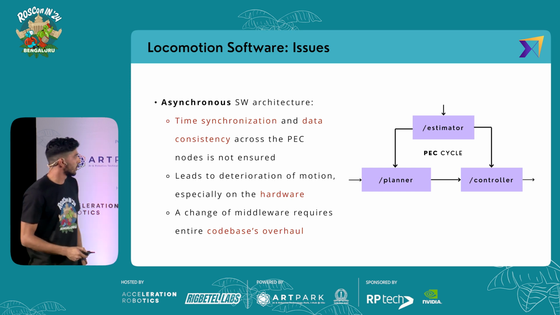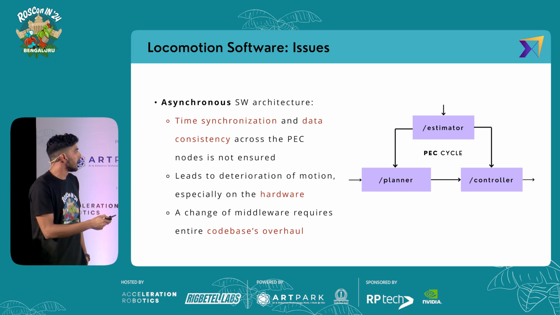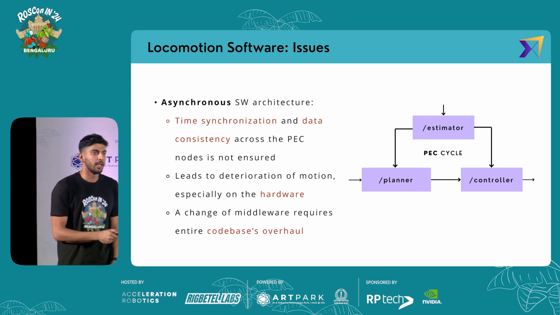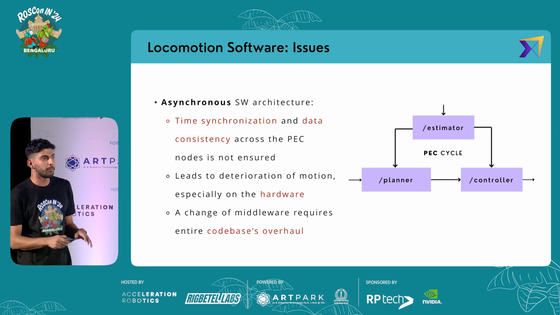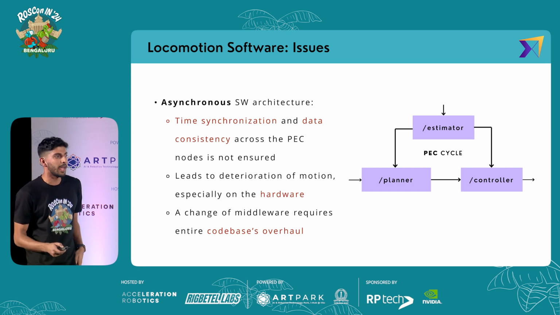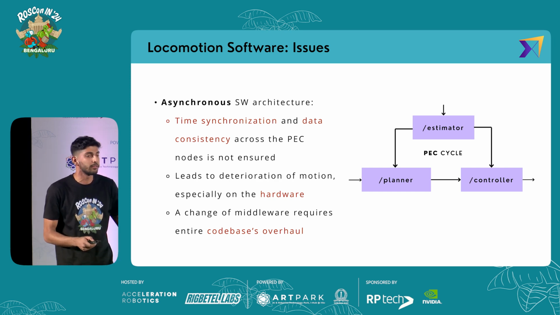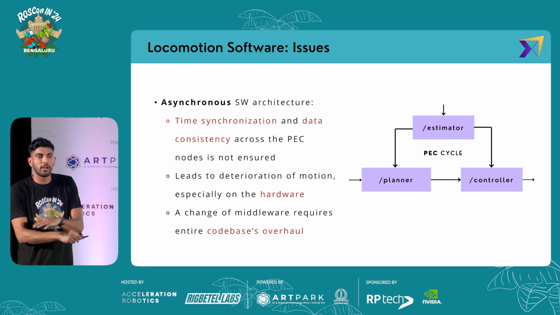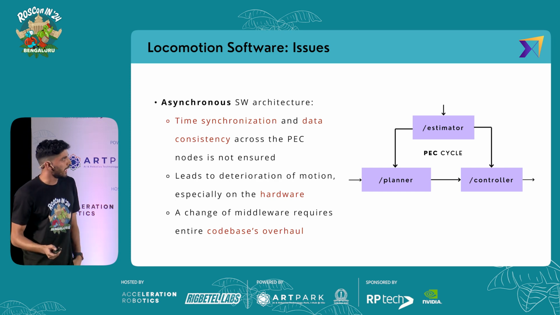Also, if we want to change the middleware in due course of time, this architecture would require completely rewriting the entire code, because each of the nodes has its own publishers and subscribers. So the communication is all spread around the code base.